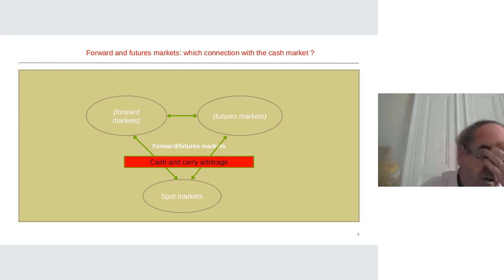What is the cost of buying by yourself on the spot market? If you buy butter on the spot market and store it, first you have to finance your exposure, because you borrow money to buy butter spot, so you pay the interest rate.